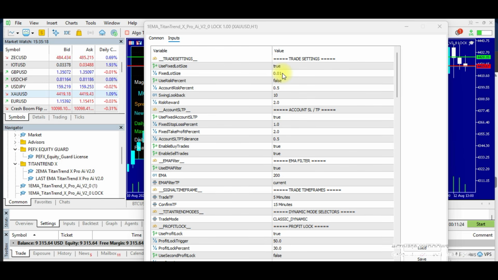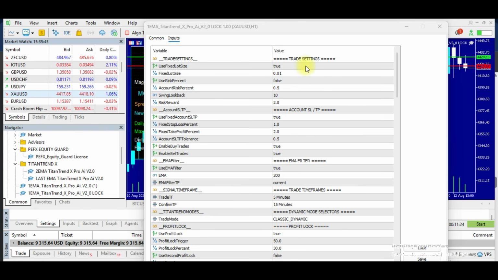Boom 50 or Crash 50, the lowest lot size is 0.10. Crash 300, the lowest lot size is 0.50. So if you are using this EA on Boom and Crash, then you turn this one off.